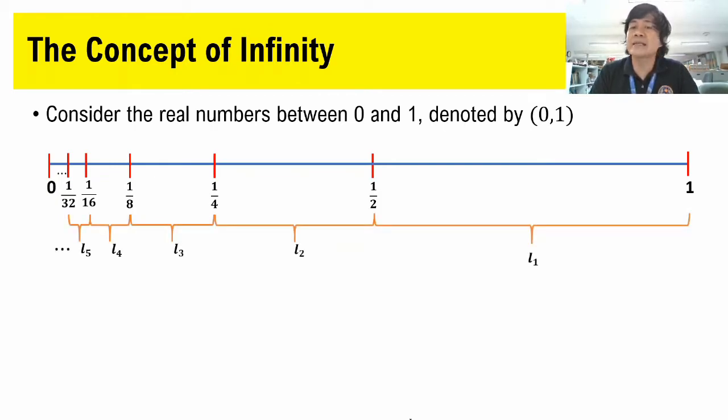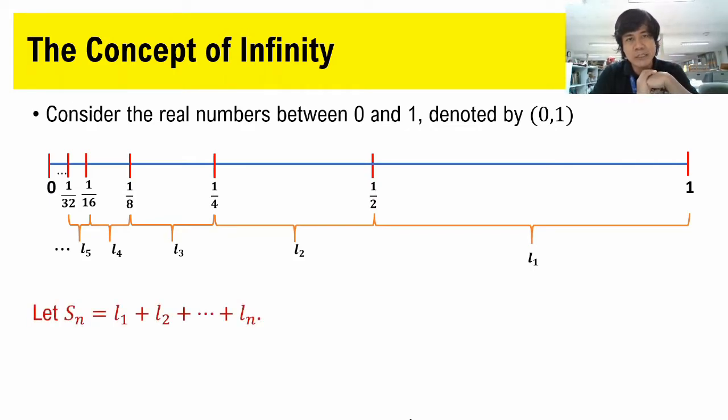Let's name them L sub 1, L sub 2, L sub 3, L sub 4, and so on and so forth. Let us denote the same letters as the lengths of these line segments. Now, what is the sum of the line segments L sub 1 plus L sub 2 and so on up to L sub n?